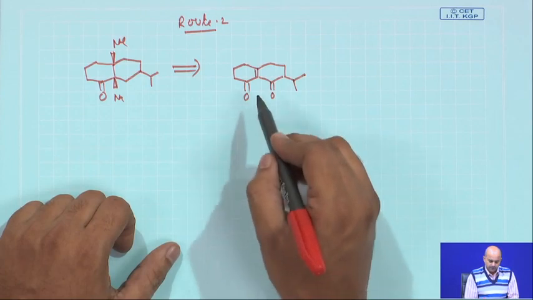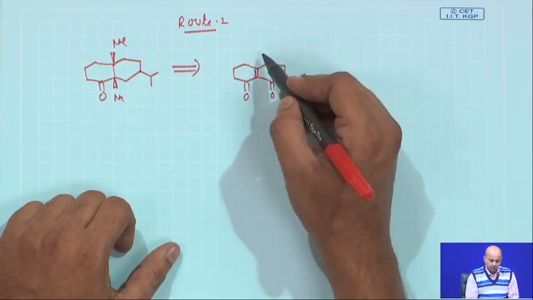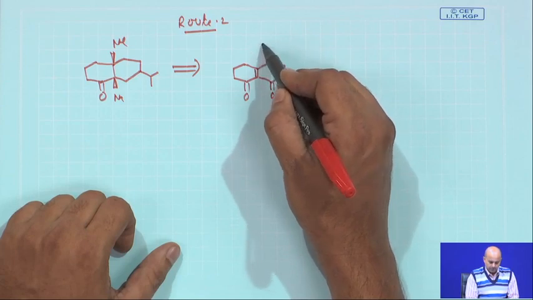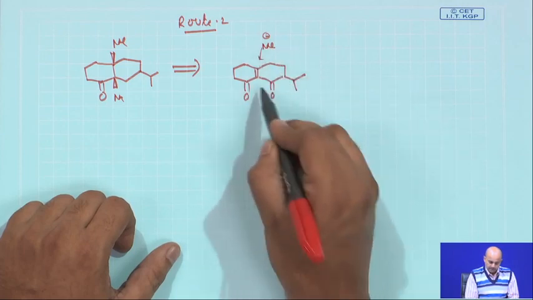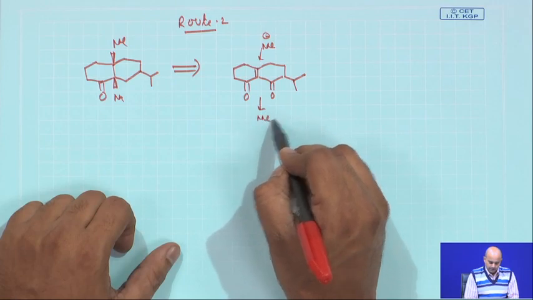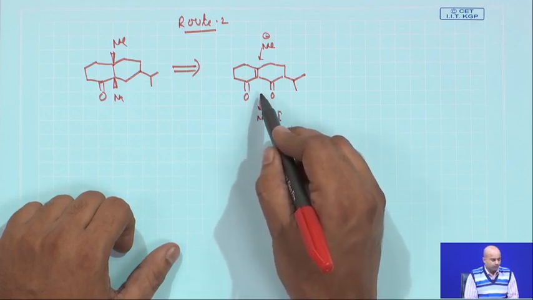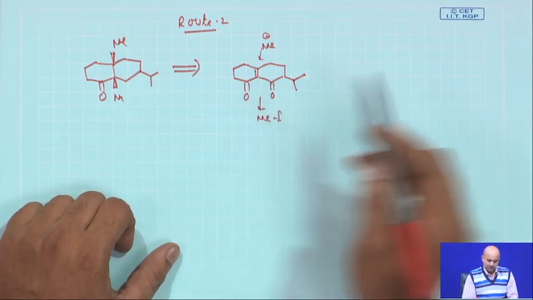And I say if I have this kind of bicyclic compound, we will be doing a Michael addition here to introduce the methyl group, a methyl minus, okay, and then an enolate will be generated here that will be trapped with a methyl electrophile, methyl iodide. So, it looks logically possible, but then how can you make this compound?